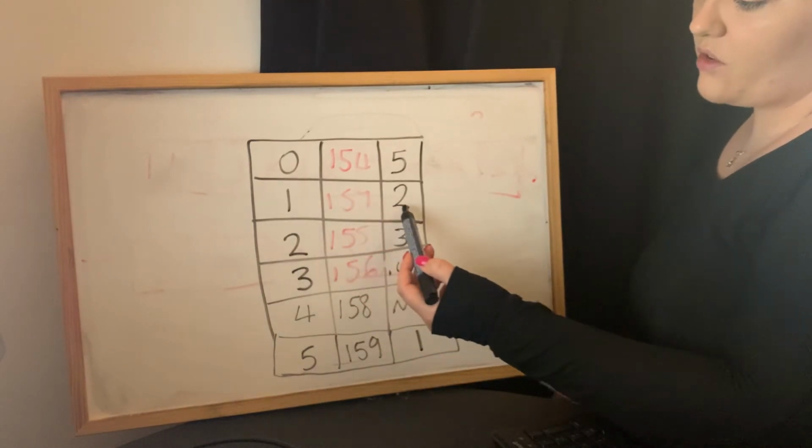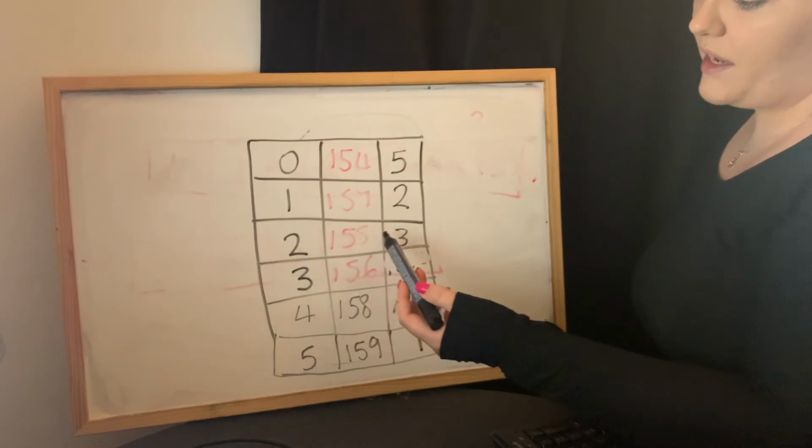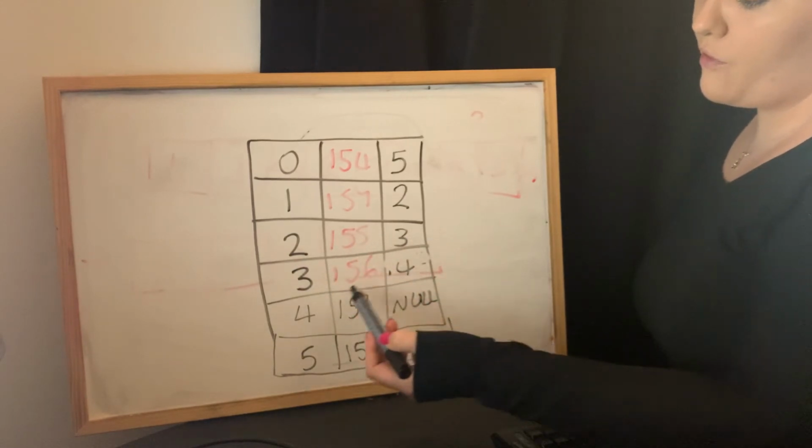From there, the next item is going to be 2. The next item is going to be 3, 4, and then null.